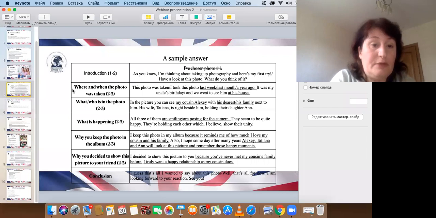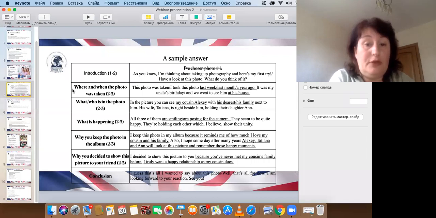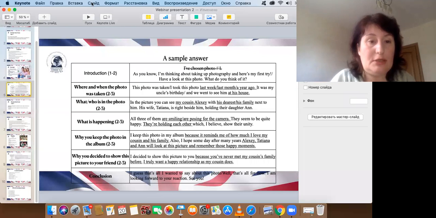Dear friend, you know that my sister is a globetrotter. Last year she went to Europe and took this photo in Paris. Have a look at this photo. What do you think of it? So you answered that she went to Europe and took this photo in Paris. Sorry, but you answered where and when the photo was taken.